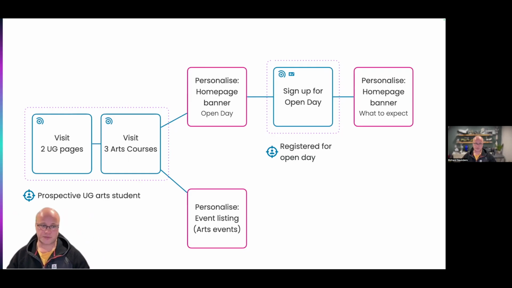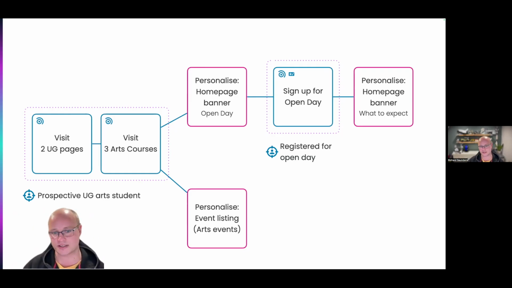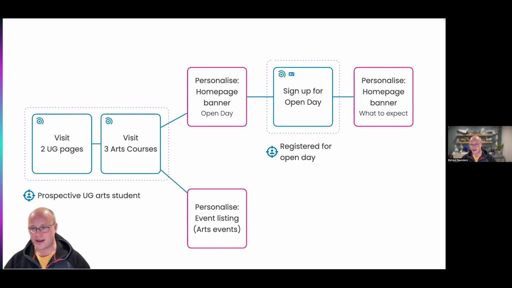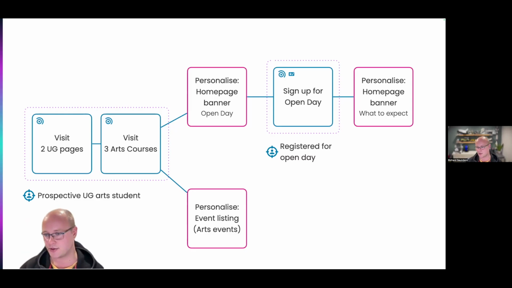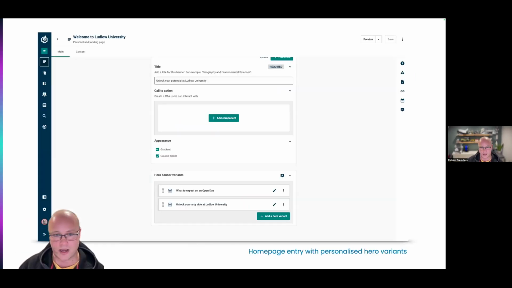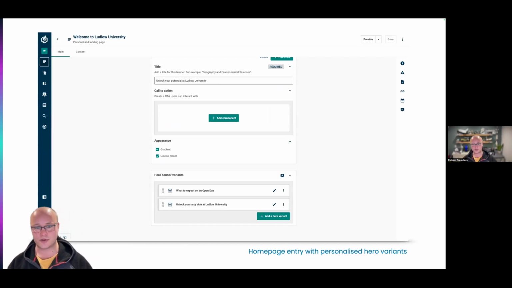And as they're a prospective art student, we want to personalize the content on the homepage and update the listings around events or news that might be displayed from the default experience, so updating it to all particular arts events. So the way we are going to do that, we'll have a homepage with a series of call to actions.